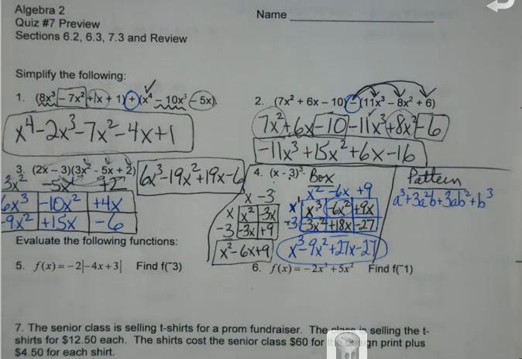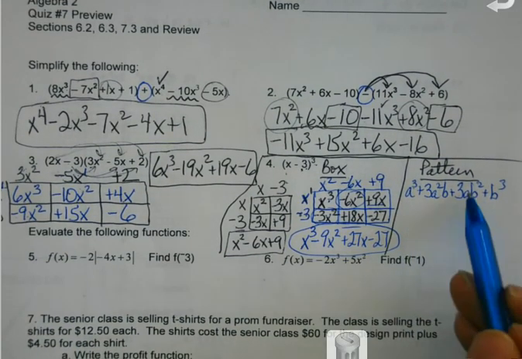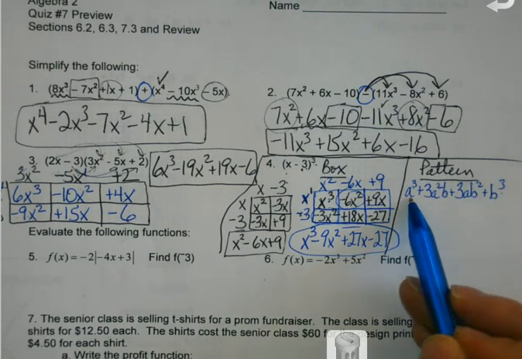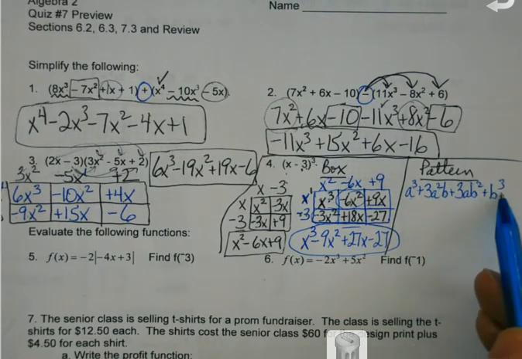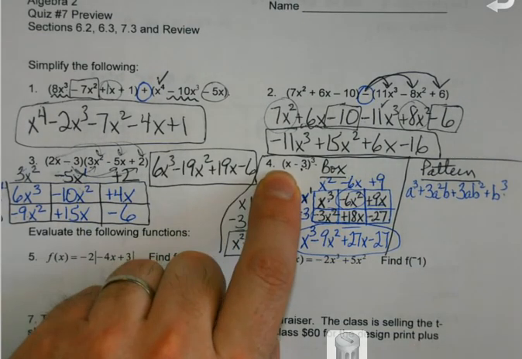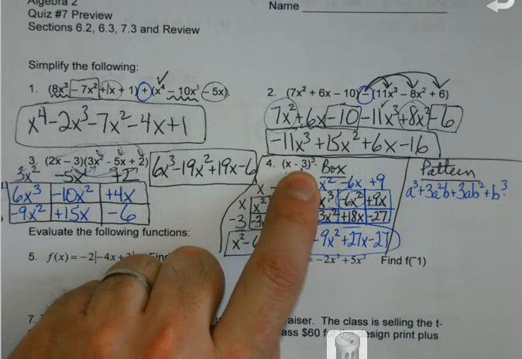Because we talked about how my A starts up at the third and goes down 1 each time as I go to the right, and how my B starts with nothing and goes up 1 each time as I go to the right. If you've got that, this is the easier way to go, because that'll be my A term and that'll be my B term.